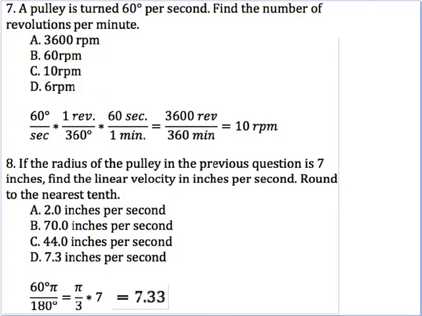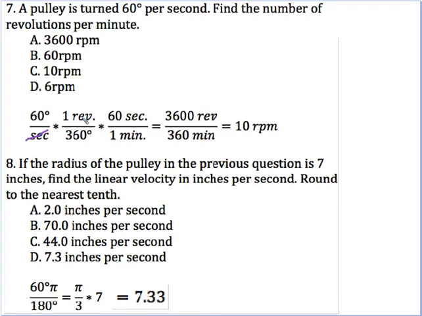Okay, all right, set problem 7 and 8. You've got a pulley turning 60 degrees per second. Find the number of revolutions per minute, just your conversion. So you have 60 degrees, and we want to change it to revolutions. There's 360 degrees in one revolution. Then we want to turn seconds into minutes. There's 60 seconds in 1 minute.